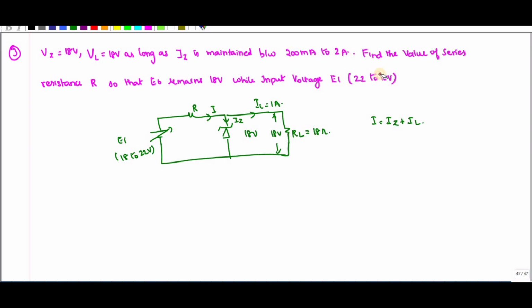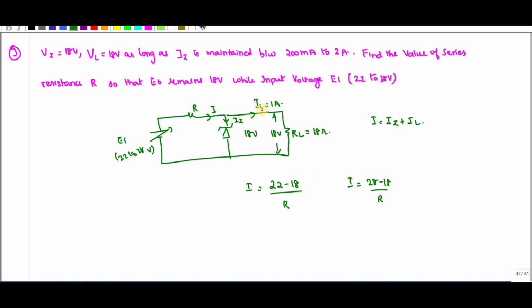Sorry, this is 22 to 28. If I solve 22 minus 18 divided by R, I will get one current. Likewise, I is equal to 28 minus 18 divided by R, I will get another current.